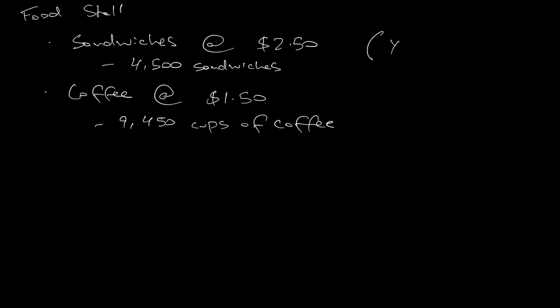Remember, our equation for determining revenue is the quantity times the price of the product. That's revenue. So in this instance, sandwiches quantity is 4,500 and the price was $2.50.